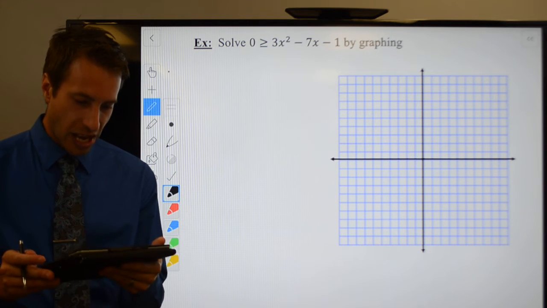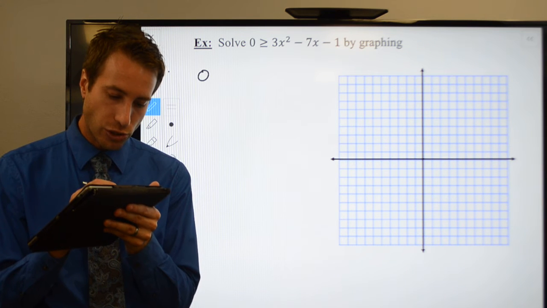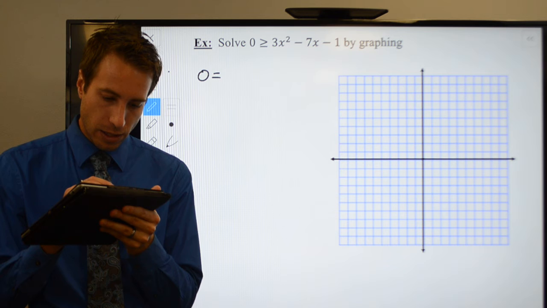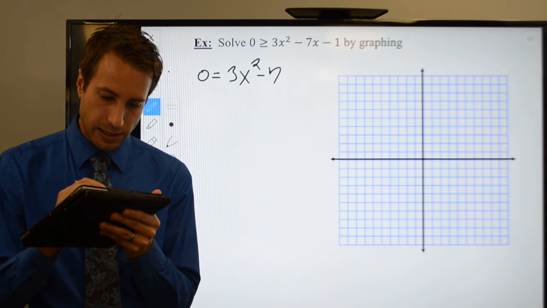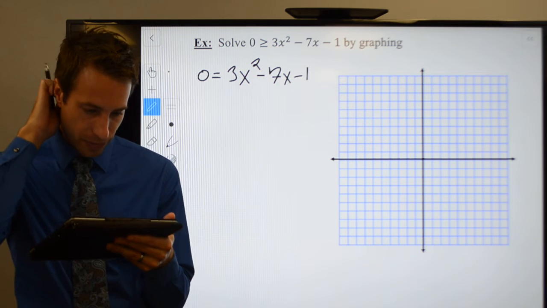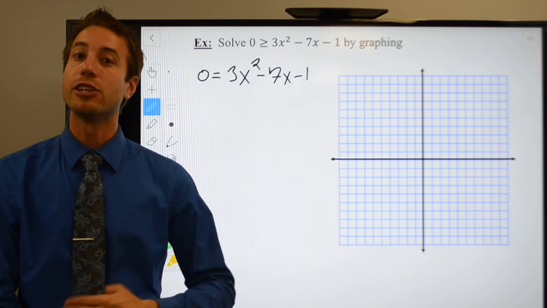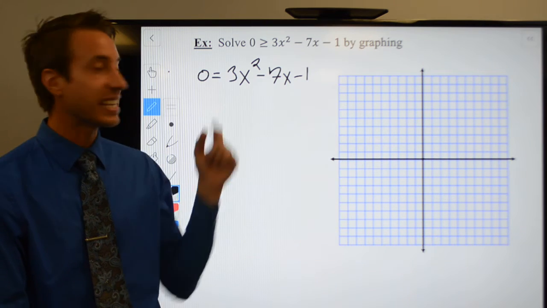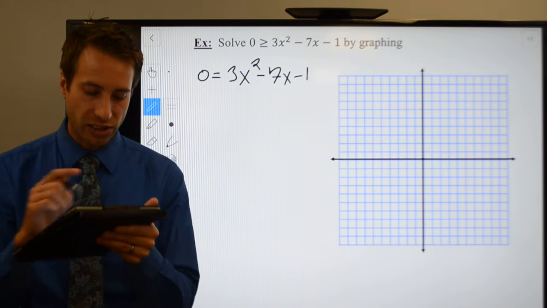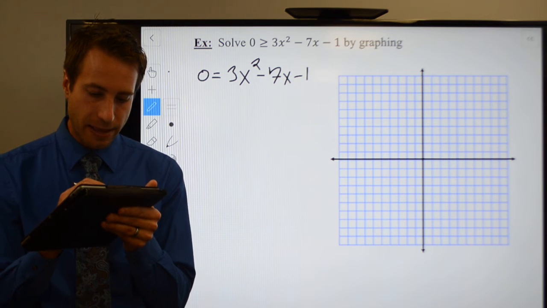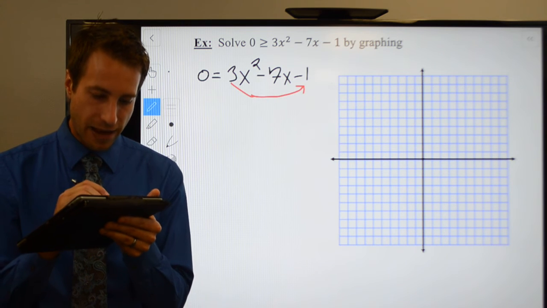All right, I got one more for you here. Let's see how this one goes. Again, it's an inequality in one variable, so I need to solve 3x squared minus 7x minus 1. I'm factoring a general trinomial, but instead I'm going to do the slide and divide method because my leading coefficient isn't a 1. Remember, the slide and divide method works by sliding the 3 over and multiplying it by the value of c.